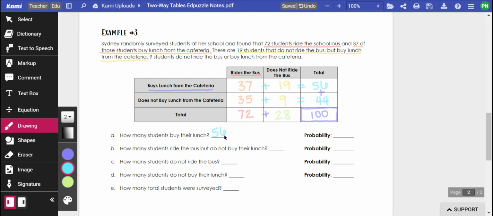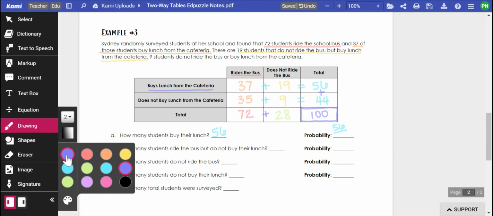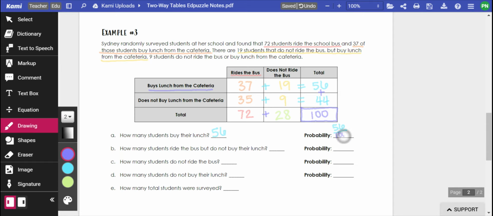So if I were to ask, what's the probability of a student buying their lunch? Here, it's always going to be this number, so 56, out of whatever the total is. In this case, the total number of students is 100. It's not always going to be that case.